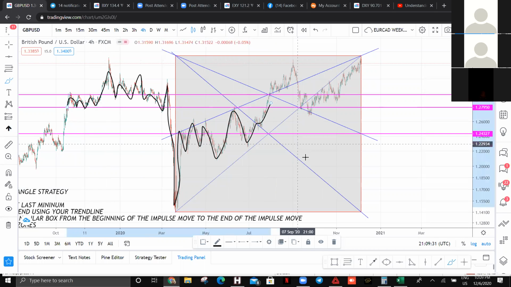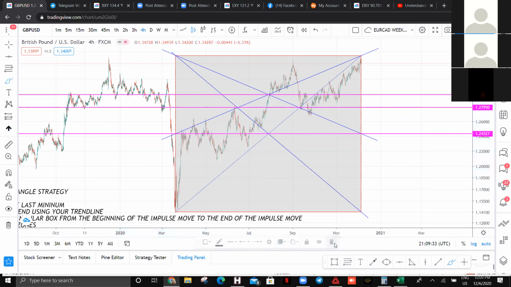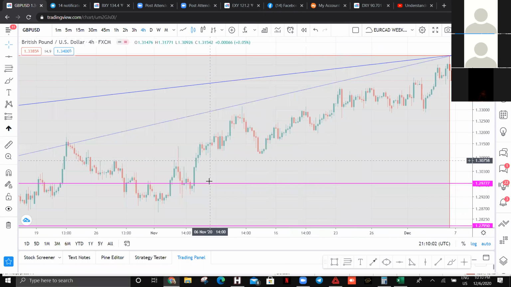I'm going to tell you how to take your trades. You only take your trade when price closes below your pivot. Let's say now this is what we're looking at. Let's say that price, let's look at price from here. This impulse move has happened. Let me reset my chart. Good.